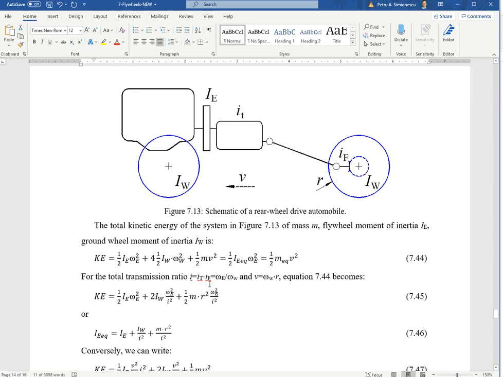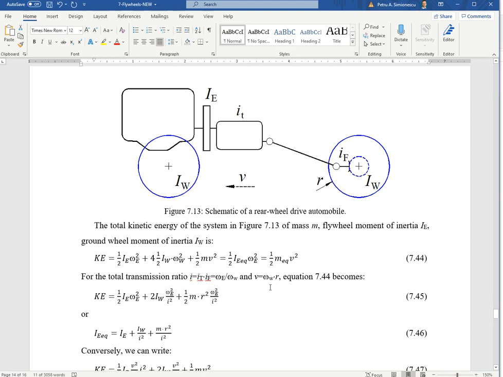That's what these two equations say. The total transmission ratio is the transmission ratio of the transmission and of the final drive. And the velocity of the vehicle is the angular velocity of the wheel times the radius of the wheel.